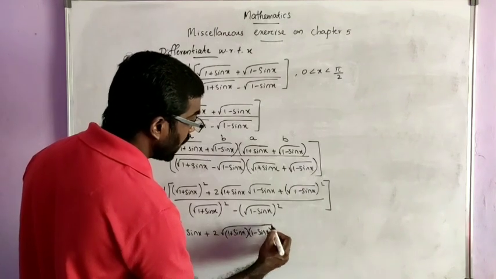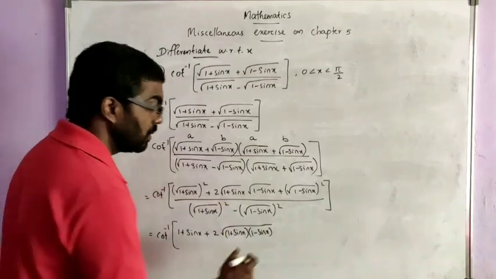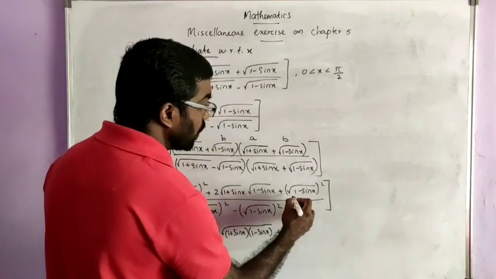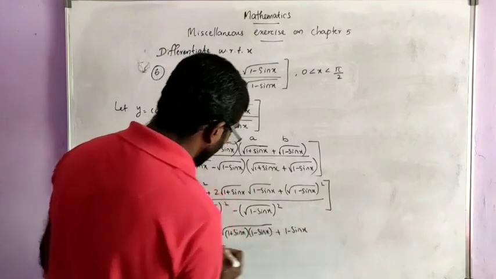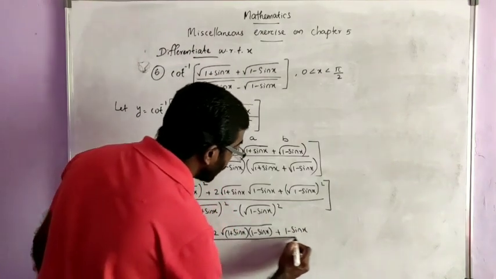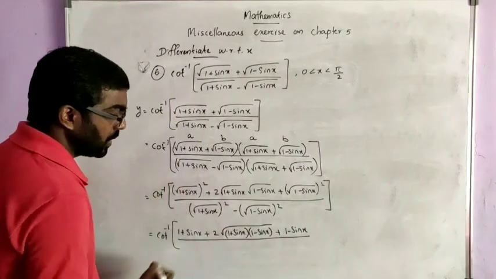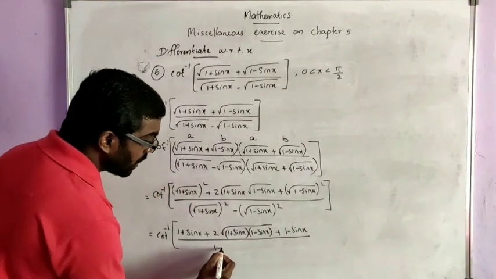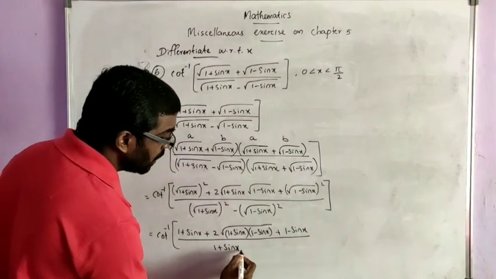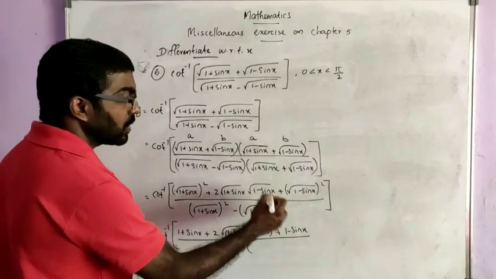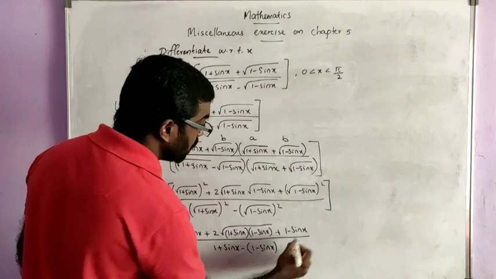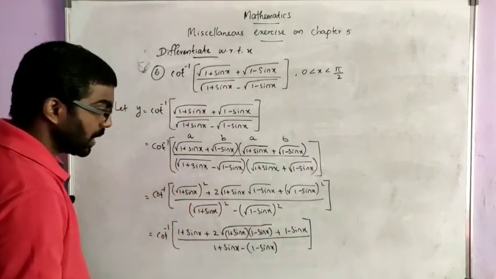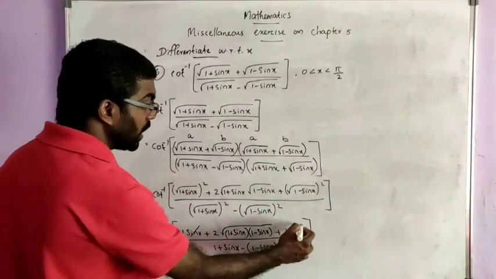We can combine and write it in a single root. Then plus root of 1 minus sin x the whole square, which is 1 minus sin x, whole divided by a square minus b square. Here root 1 plus sin x the whole square is 1 plus sin x, then minus root 1 minus sin x the whole square, which is 1 minus sin x. Okay. In the numerator we can cancel sin x and minus sin x.